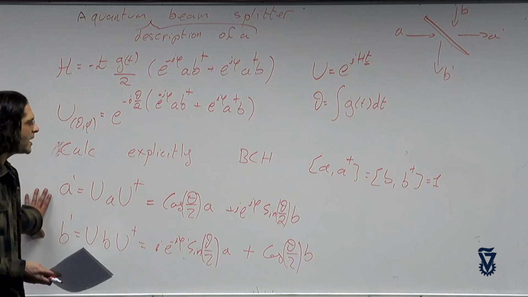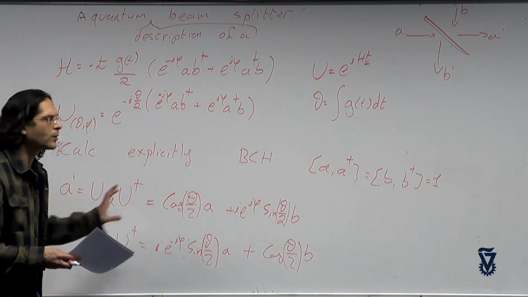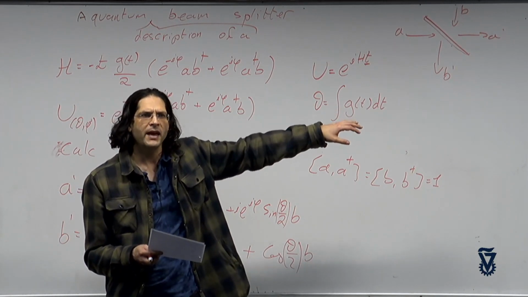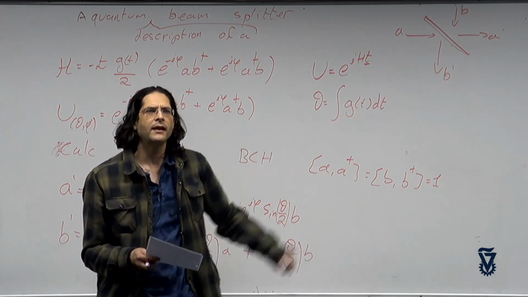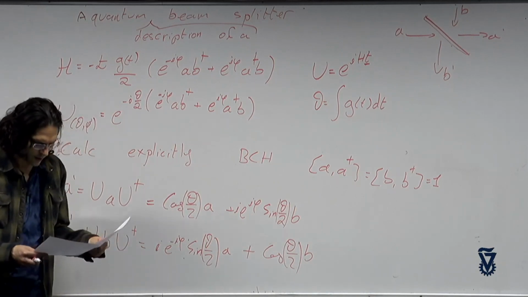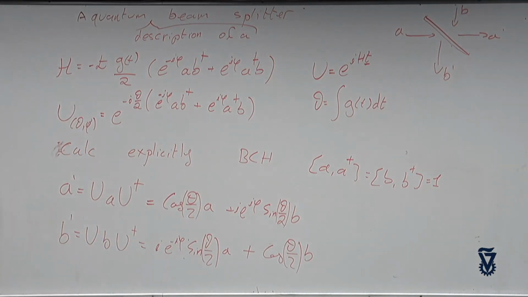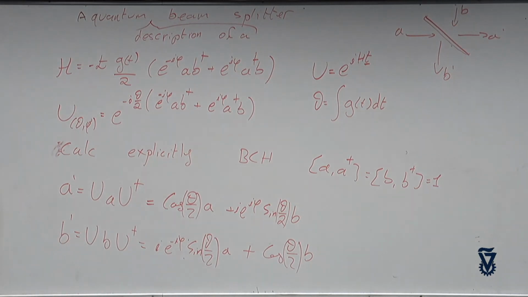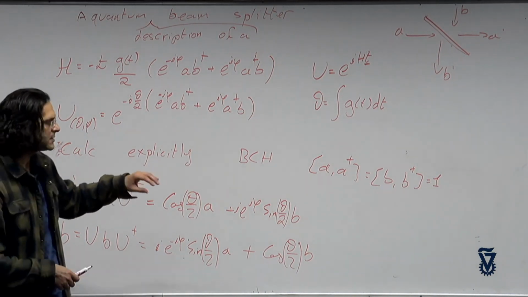If you plug in the coherent state, you will regain the classical matrix, the classical behavior for the field that we saw on the other board over there. So you can already see that this thing is giving us a rotation.